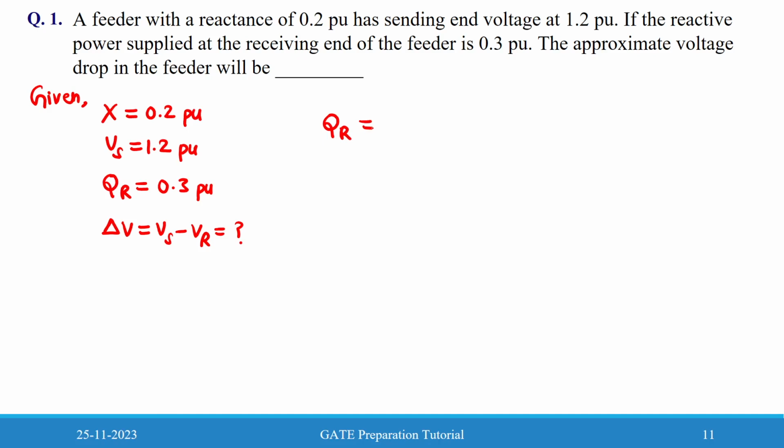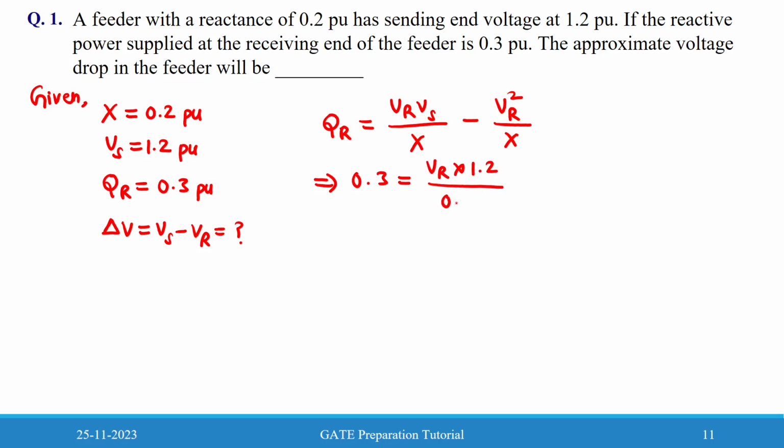So we have seen the QR expression as VR into Vs divided by X minus VR square divided by X. So substitute all the values. QR is 0.3, VR we have to find, and Vs is 1.2, X is given as 0.2, so QR equals 1.2 VR divided by 0.2 minus VR square divided by 0.2.